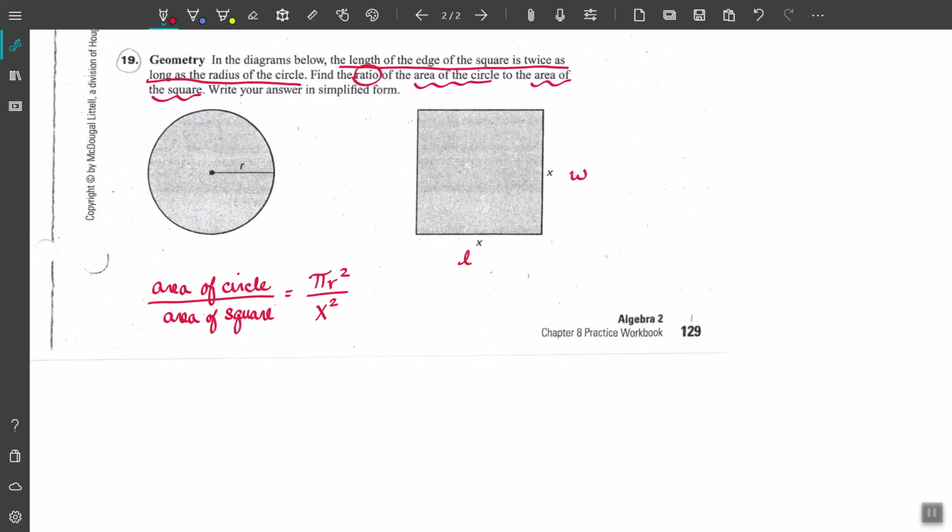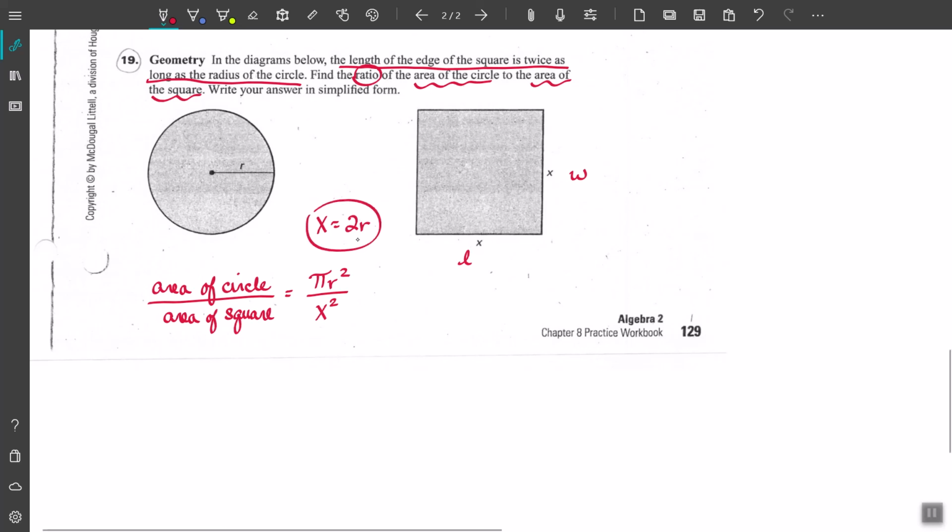And so if we put that into an expression, this length x equals 2 of these r. All right, so x equals 2r. You could also have r equals x over 2, or 1/2 x. This one is a little bit easier to deal with because we don't have a fraction then.